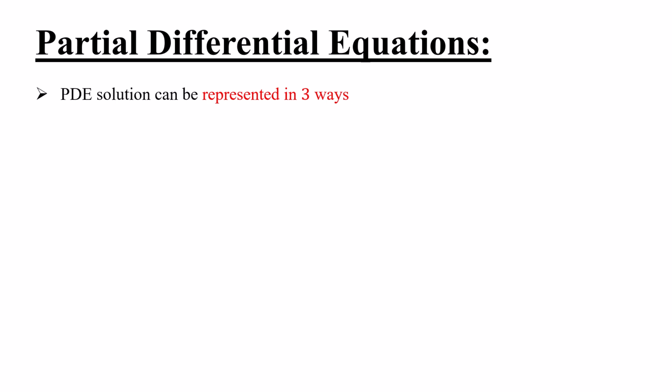Now a PDE solution can be represented in three ways. You will often see PDEs represented on grids. These grids usually show a dependent variable like temperature across different spatial and temporal points. You can divide them into three parts.